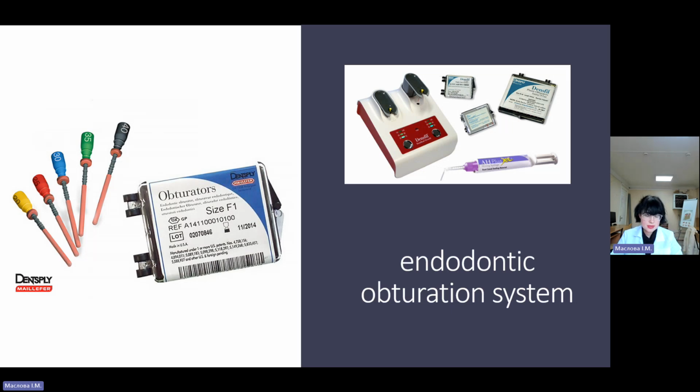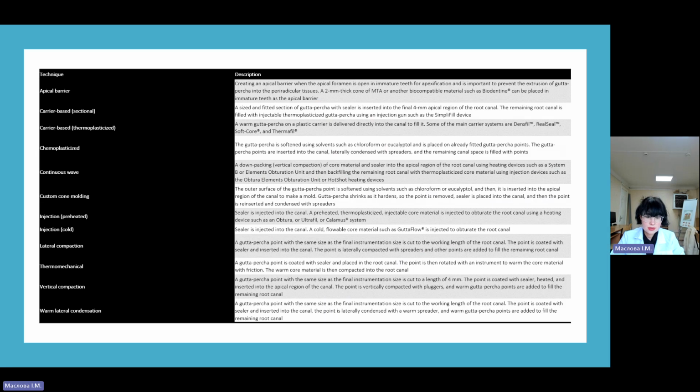It is a simple system for root canal obturation, for qualitative root canal obturation. The condition of the root canals and of the teeth can tell us that this tooth is not developed yet.